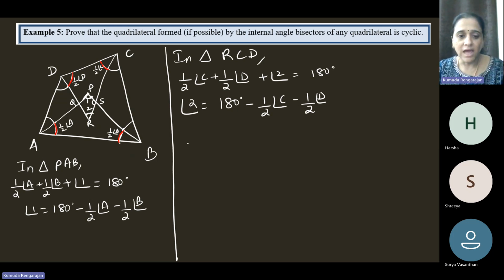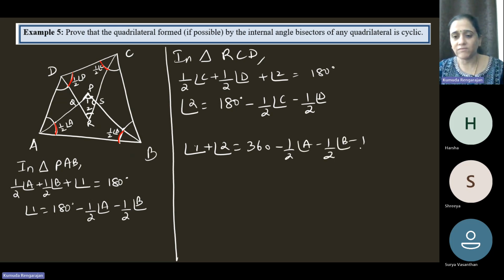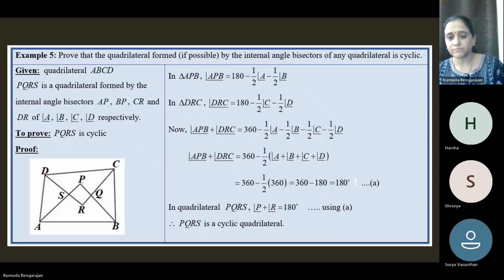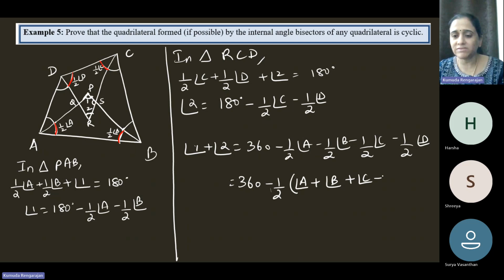Now let's add. Angle 1 plus angle 2 is equal to 180 plus 180, 360, minus half angle A, minus half angle B, minus half angle C, minus half angle D. Take out minus half common. So in bracket, angle A plus angle B plus angle C plus angle D, correct?